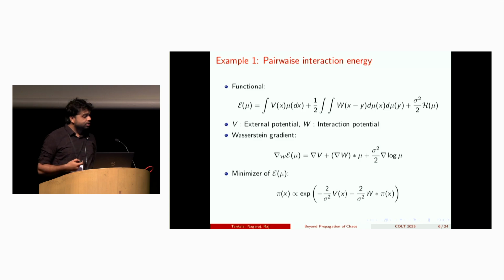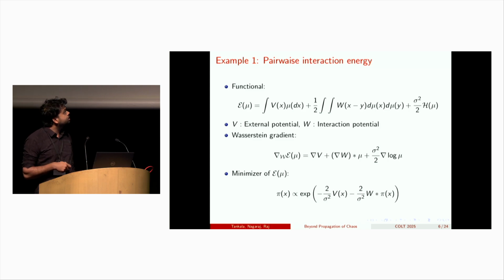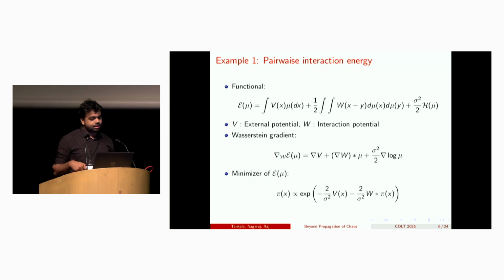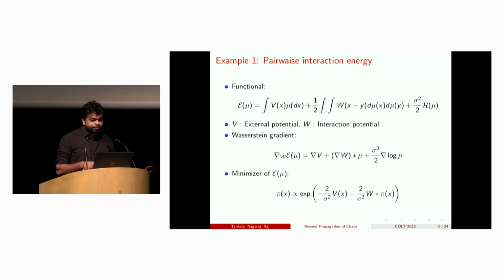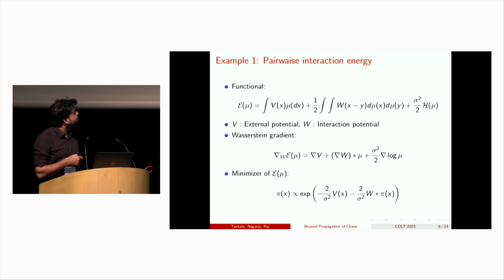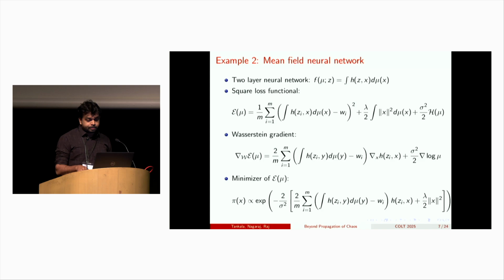These are the two examples that we discuss in this paper. One is pairwise interaction energy, where the particles interact through this function W in this manner, this is just the negative entropy, and this is some potential function. The minimizer of this function is given by the fixed point of this equation, and this is the Wasserstein gradient.